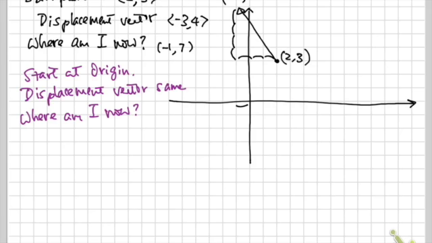How about if we change the problem a little bit? Let's say instead of starting at 2, 3, now I start at the origin, and I use the same displacement vector. After that, where would I be?